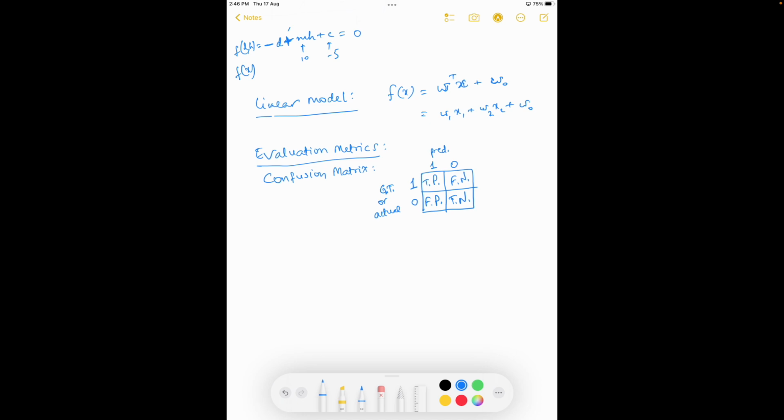This is called a confusion matrix. We did this for a binary classification, but you can do it for multi-class classification also. Let's say rose versus lotus versus jasmine. You can create a three-by-three table where this is ground truth, this is predicted, and this is rose, lotus, jasmine.